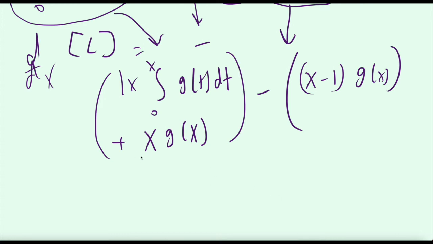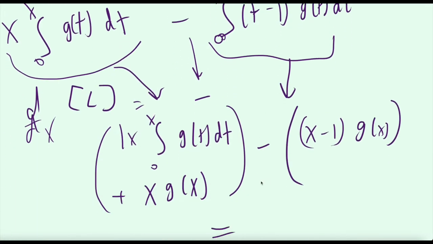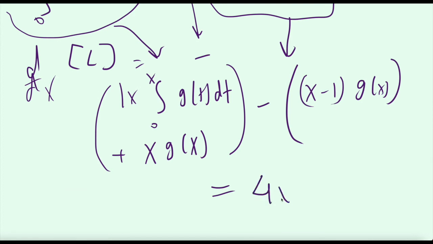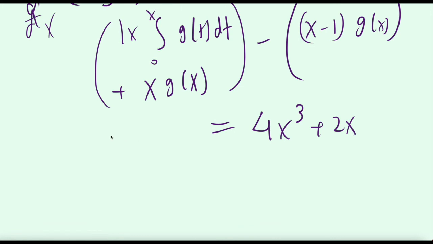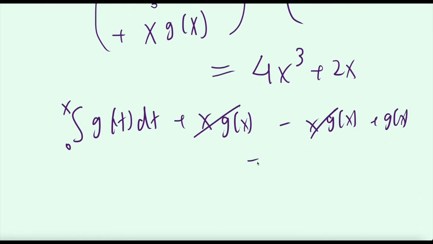So dL by dx is equal to dR by dx, which is 4x cube plus 2x. Now you can simplify this by writing integral of g(t) dt from 0 to x, plus x g(x), minus x g(x), plus g(x), and these two cancel out, is equal to 4x cube plus 2x.